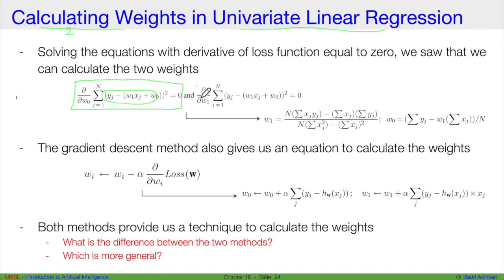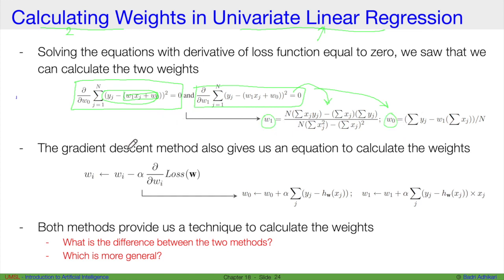So this is the partial derivative with respect to W0, and this is with respect to W1. In case of univariate linear regression, since we only have one variable as input and our loss function is quite easy to calculate, this can be solved into these two equations, and we now have a formula directly to calculate W0 and W1.